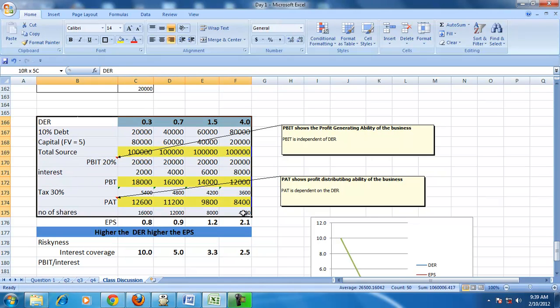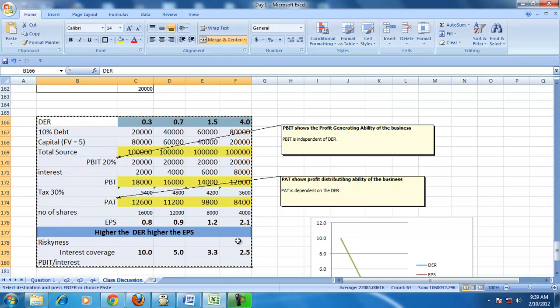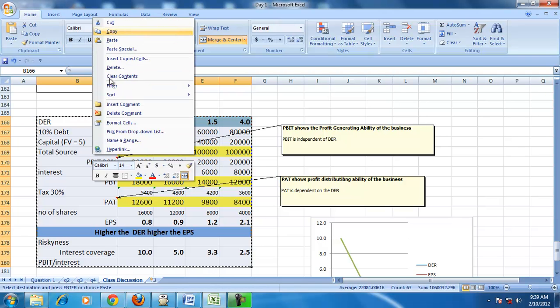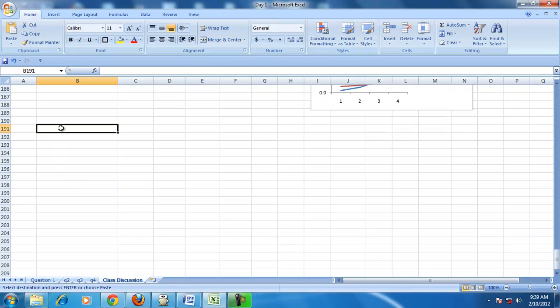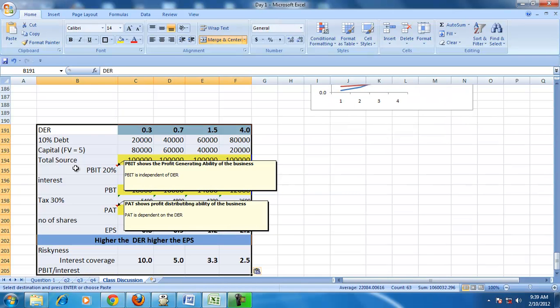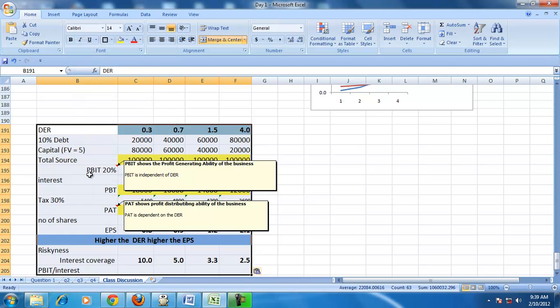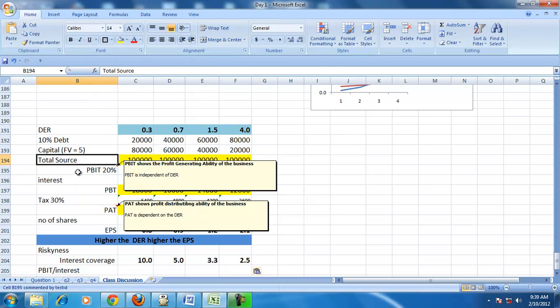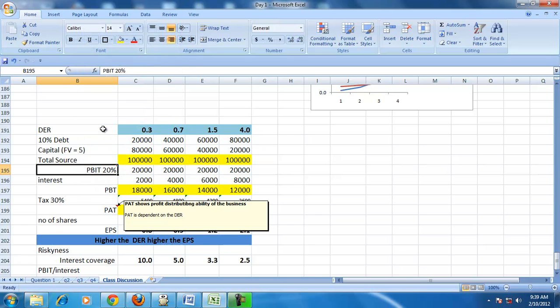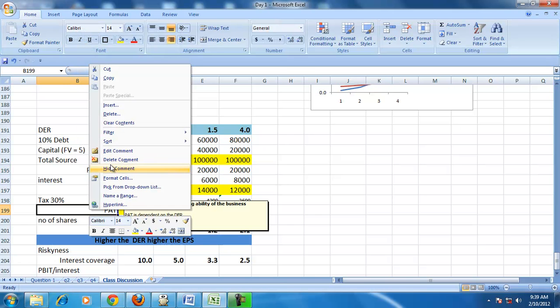But a question should come to your mind whether higher the DER, higher the EPS is going to happen every time. In order to answer that question, let us change the numbers and make a small change in this. Let me hide the comments.